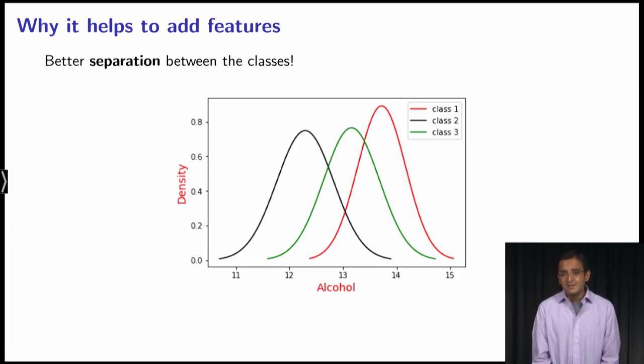Looking at the three Gaussians, it turned out that they aren't really very well separated from each other. In fact, they're kind of on top of each other. And this is why this one feature alone turned out to not be a great basis for doing classification. So let's see what happens when we throw in a second feature.